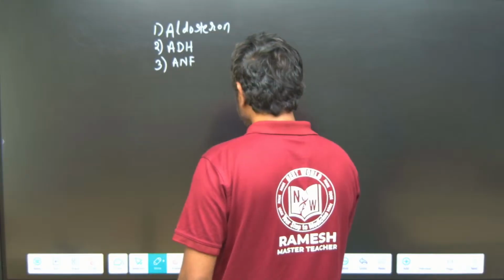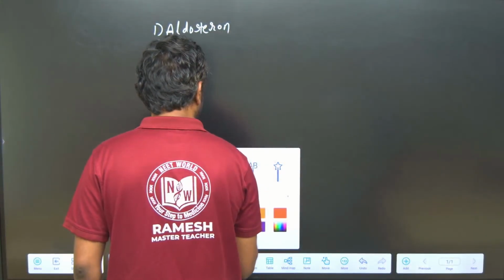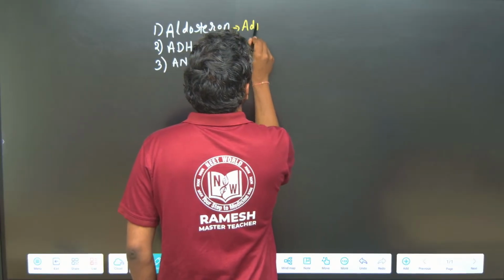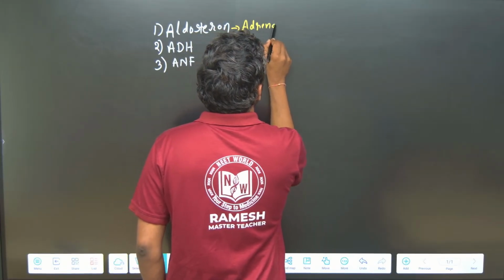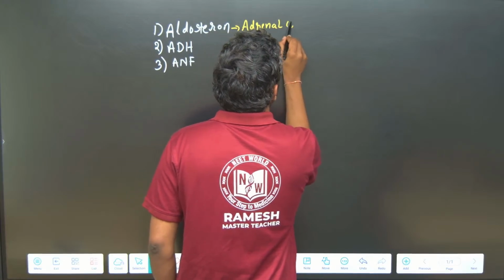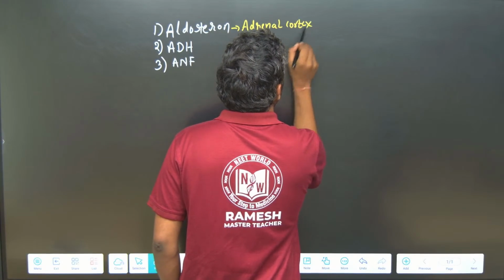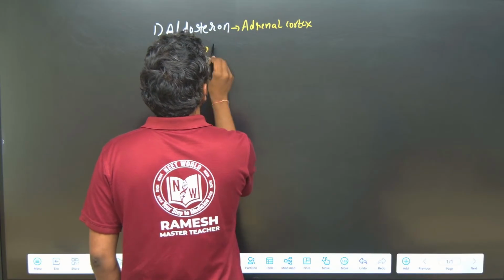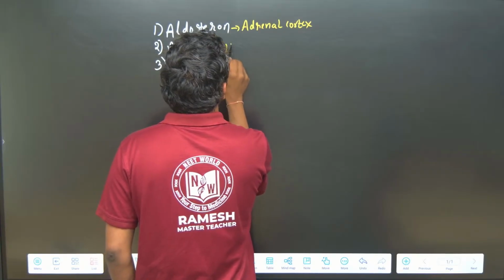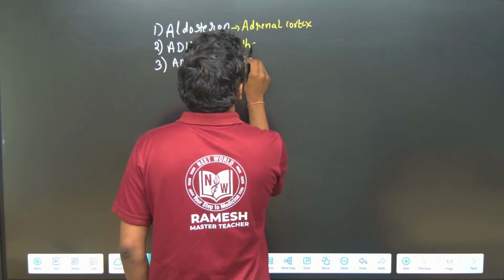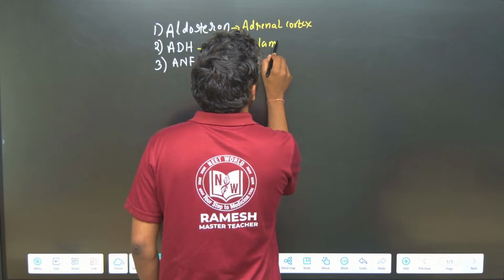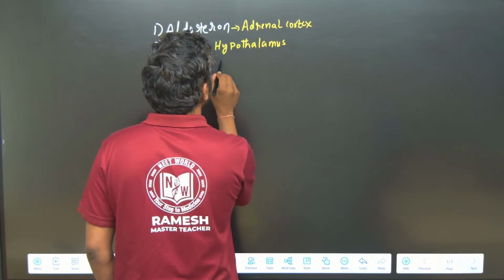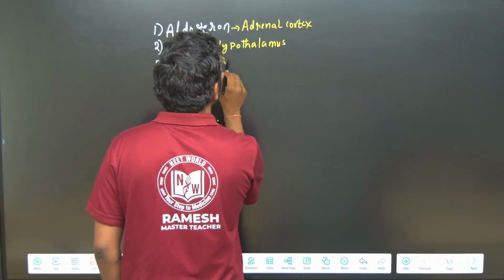Aldosterone is produced from the adrenal cortex, ADH is produced by the hypothalamus, and ANF is produced from the right atria of the heart.